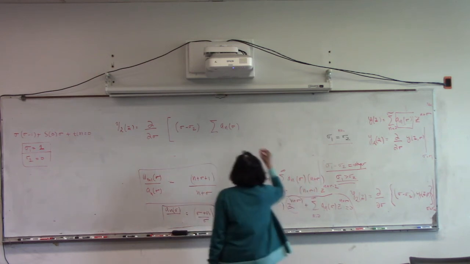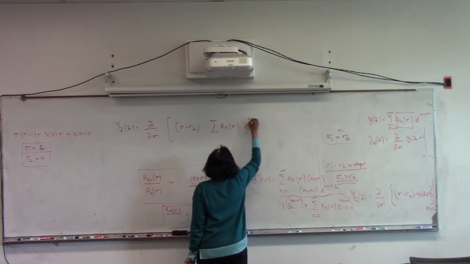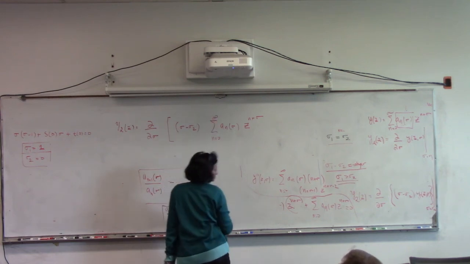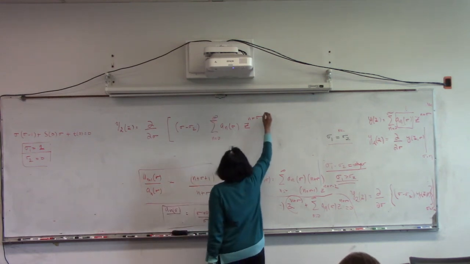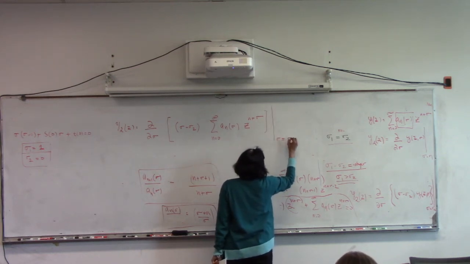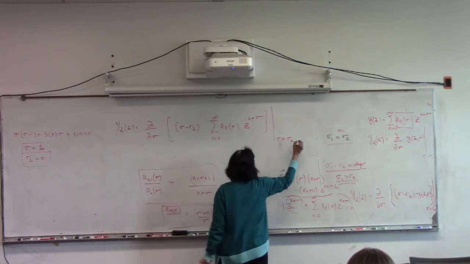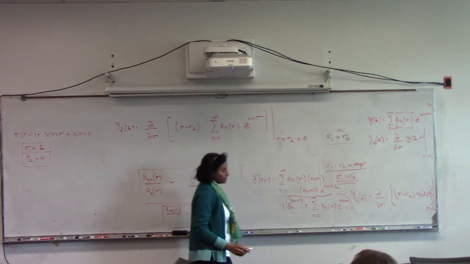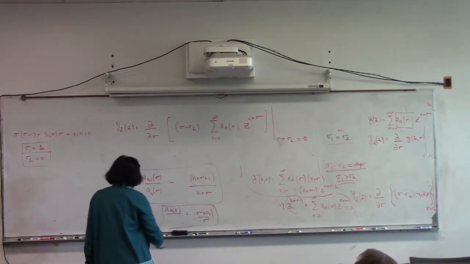And I can start writing. Sigma 2 is 0, right? This is what we have to do. Sigma equals sigma 2 equal to 0 in this case. All right.